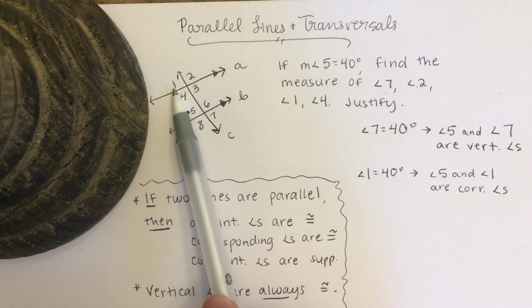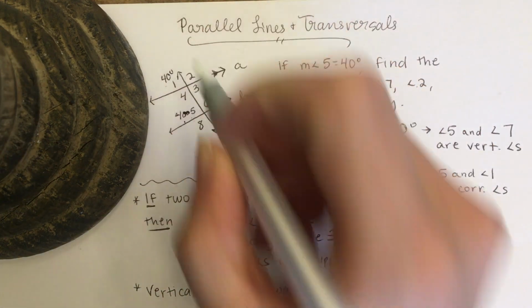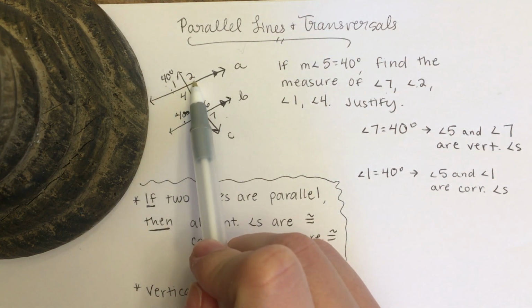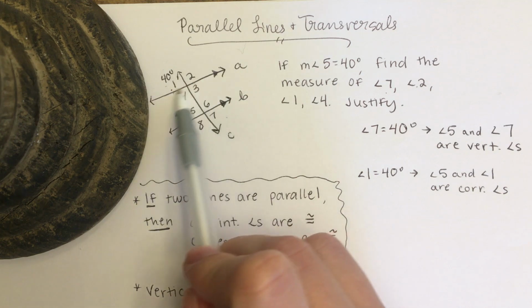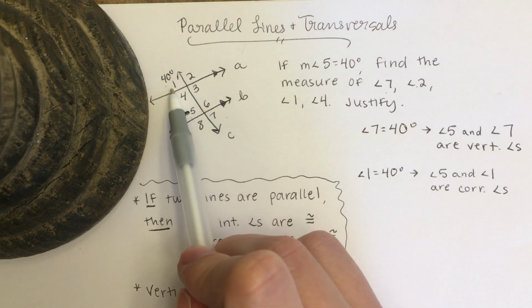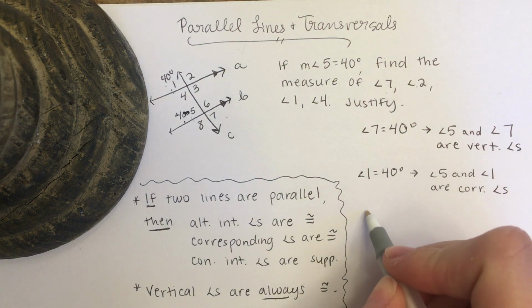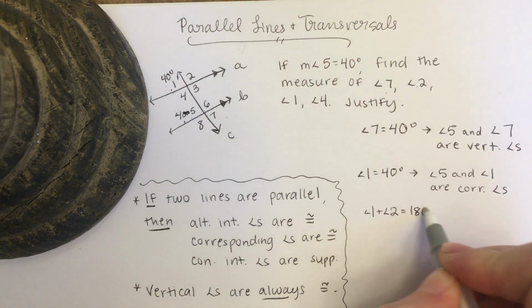So now, I said I'd come back to 2. Now that I know angle 1 is 40 degrees, and I'm going to mark it up here, we should notice that angle 1 and 2 form a linear pair. They create this straight angle here. They form this line. So since 1 and 2 are supplementary, they form that line, I know they're going to add up to 180. So angle 1 plus angle 2 are going to equal 180 degrees.